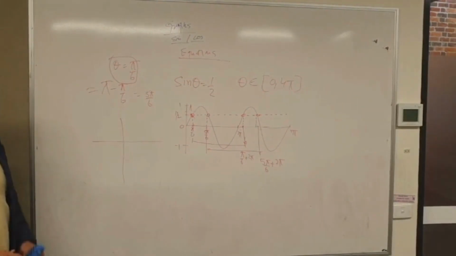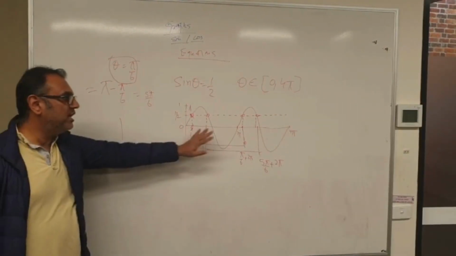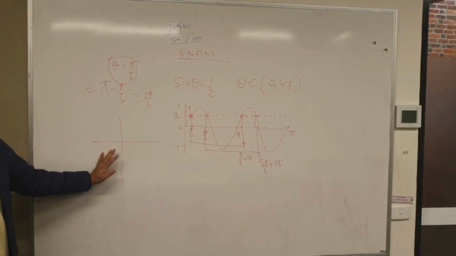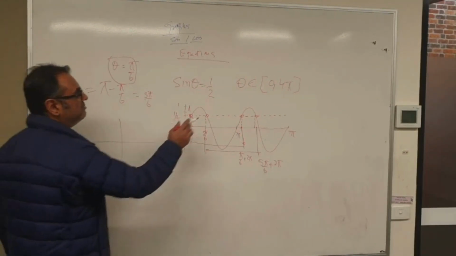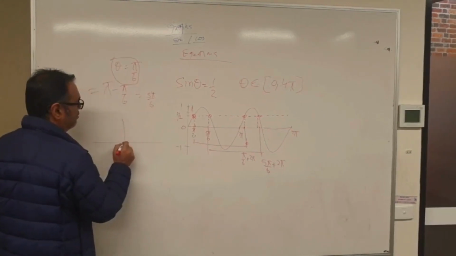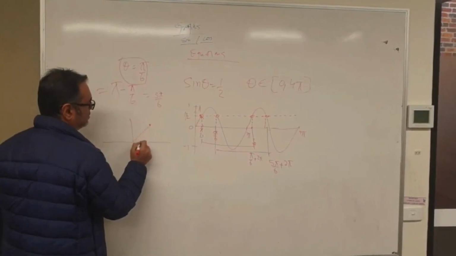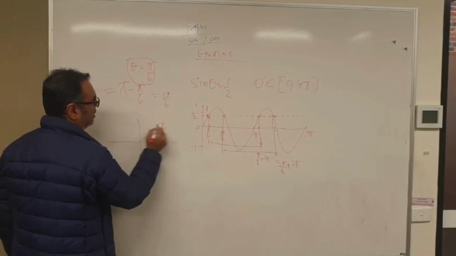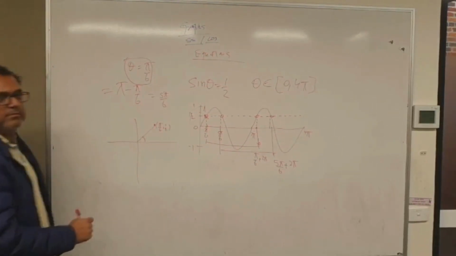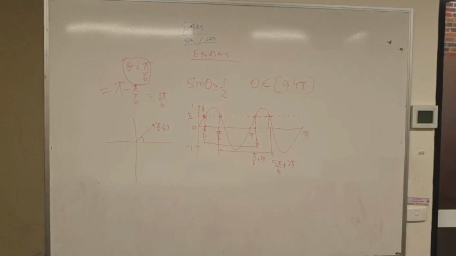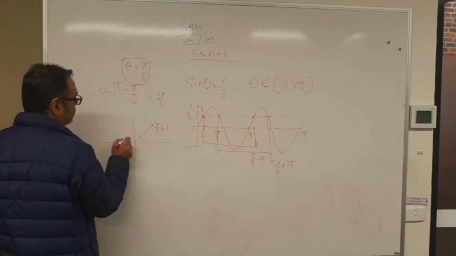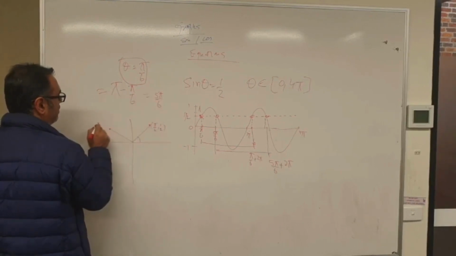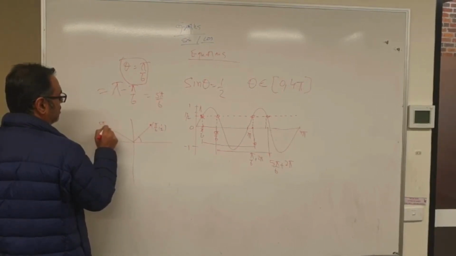Now, another way of thinking is you can always think your circular functions in either graphs or the Cartesian plane. The first value is pi over 6, so this is pi over 6 comma half. Right? And the second quadrant is this, which is also what? 5 pi over 6 comma half.